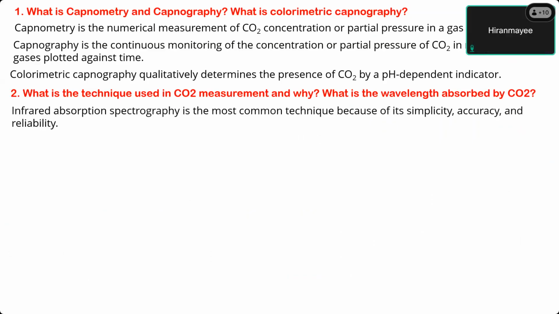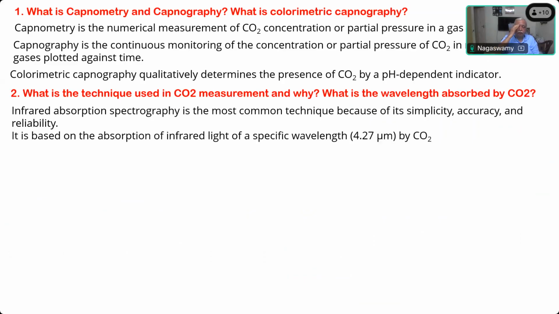Infrared absorption spectroscopy, the most common technique. It is used the same way for pulse oximetry also. It is used because of its simplicity, accuracy, and reliability. It is based on absorption of infrared with a wavelength of 4.27 micrometers by carbon dioxide.